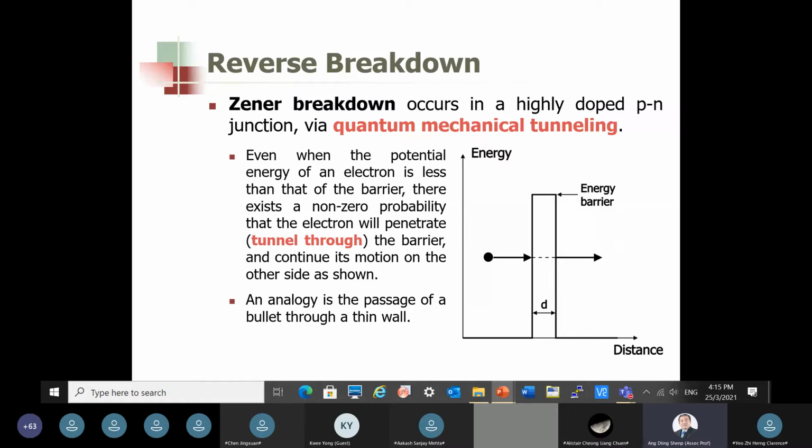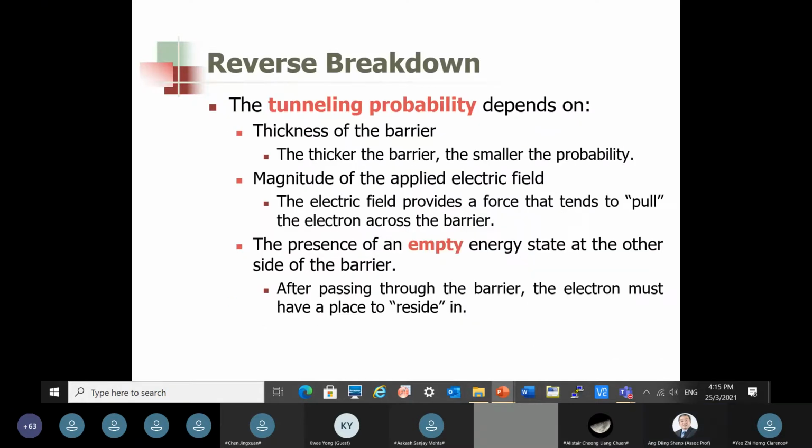Now, there are three important conditions that must be fulfilled in order for quantum mechanical tunneling to happen. The first one is that the barrier must be sufficiently thin. The reason is that if we have a very thick barrier, then the probability will be very small. In other words, the electron wave function is almost negligible on the other side of the barrier.